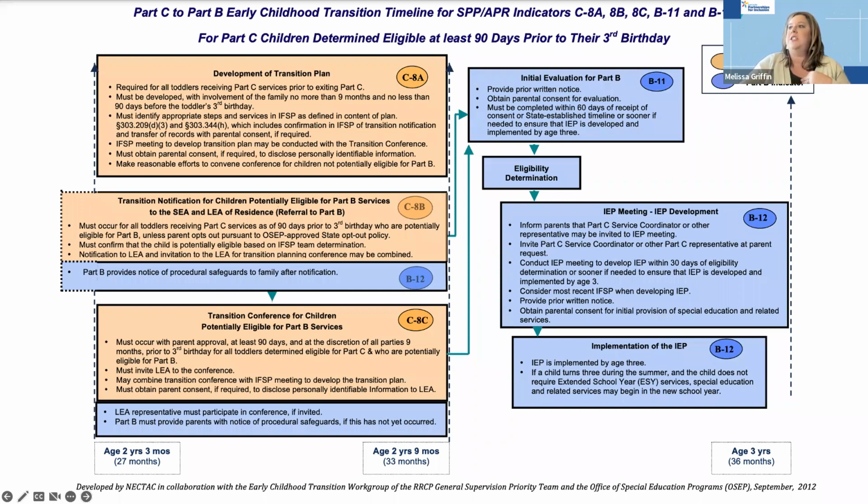So if you look at this, you can see that both have indicators identified or related to transition. And so the peachy color here, those are Part C indicators, and the blue boxes of information are Part B indicators. And this is in our references and on a resource sheet further down in the presentation, so you'll have access to that.